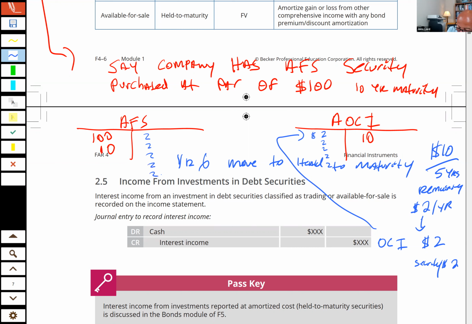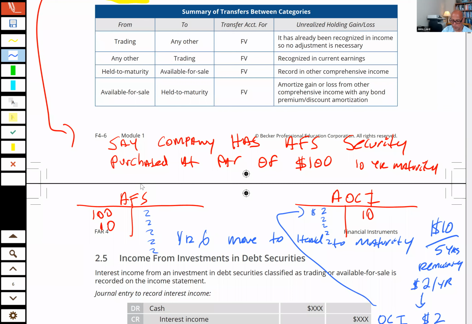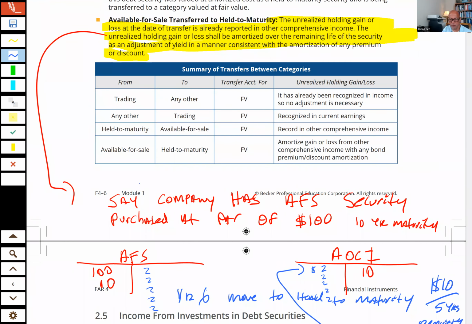I don't know if it's necessary for me to write it 5 times for you to get the point, but they would write the security down as though they're amortizing a premium, right? And they're taking that out of accumulated other comprehensive income. Okay, so that's what that means. I don't know that the exam gets all off into that, but just in case you got something that you were looking at, that's what would be going on there. Question?